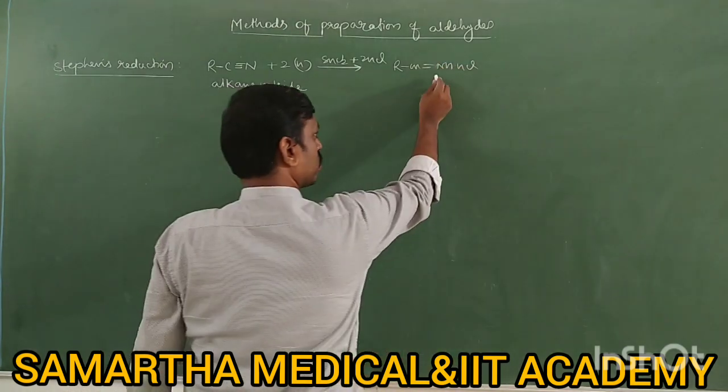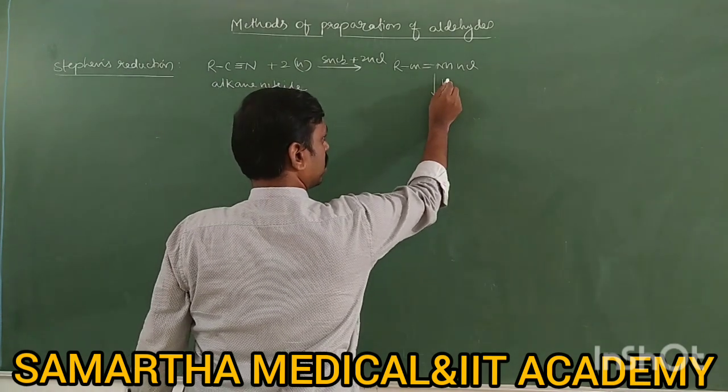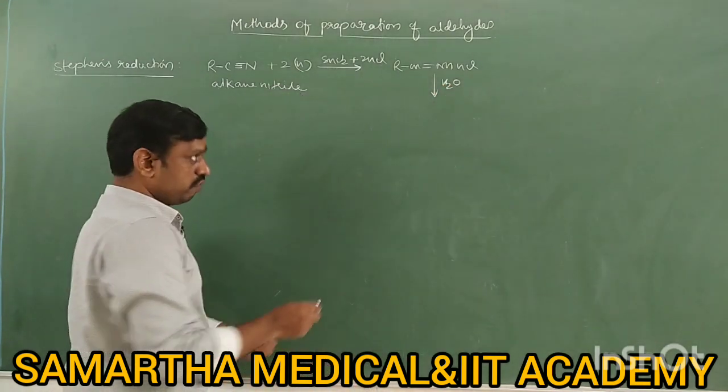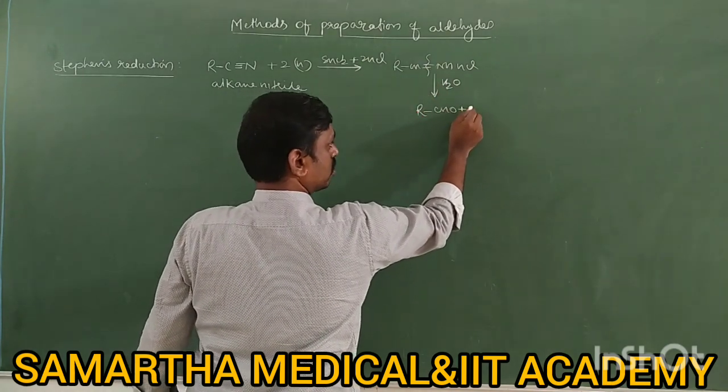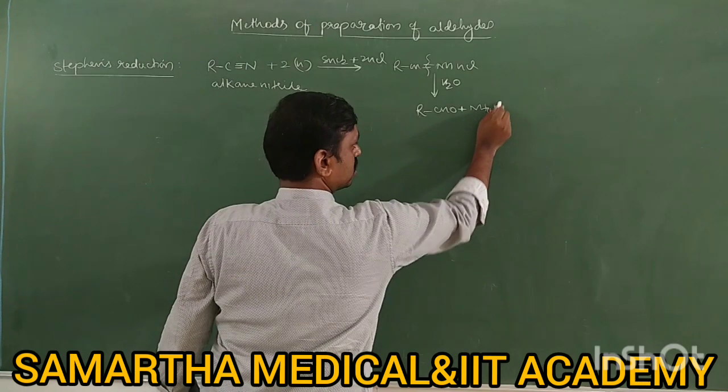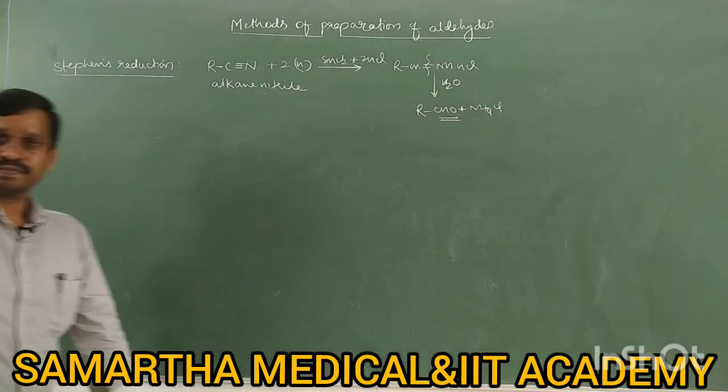This iminohydrochloride further undergoes hydrolysis in boiling water, which gives rise to the corresponding aldehyde, plus you will get ammonium chloride. This was completed in the last class.